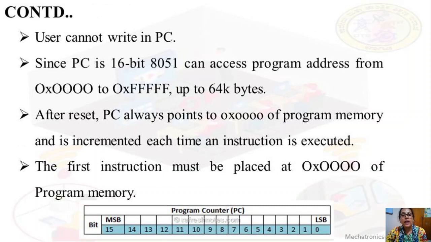It can access program addresses from 0000 to FFFFH, that is, up to 64 kilobytes. After reset, PC always points to 0000 of the program memory and is incremented each time an instruction is executed, so the first instruction must be placed at 0000 of the program memory.